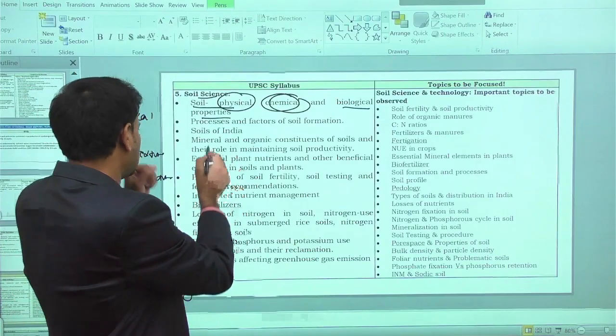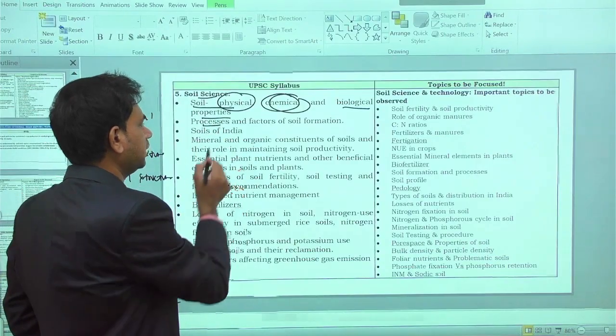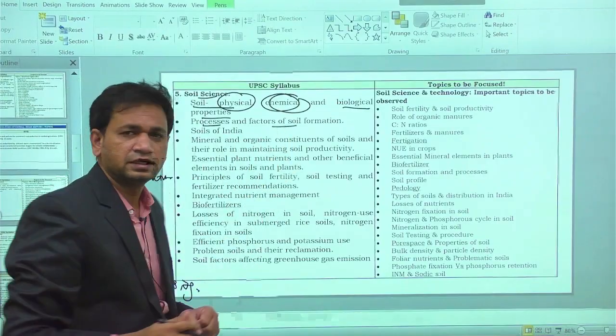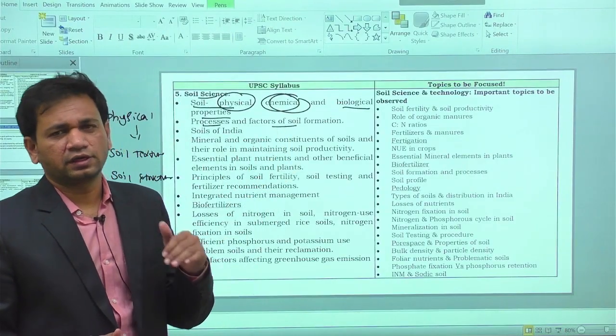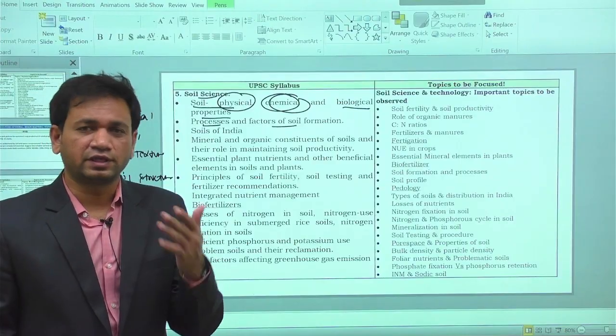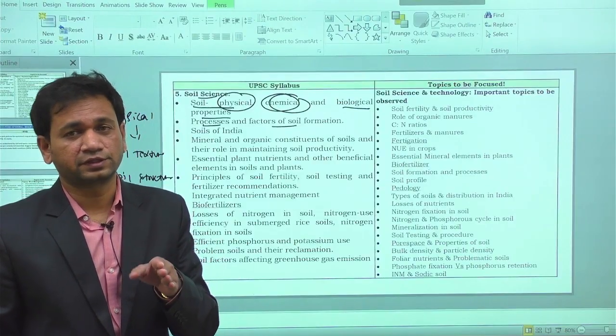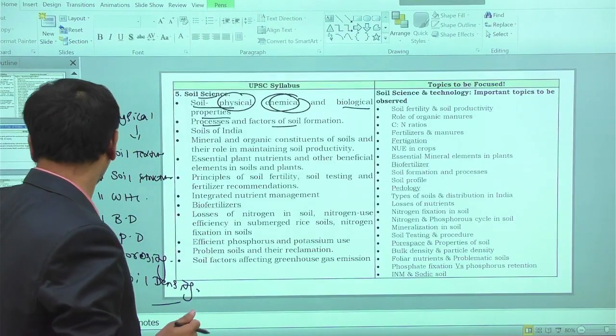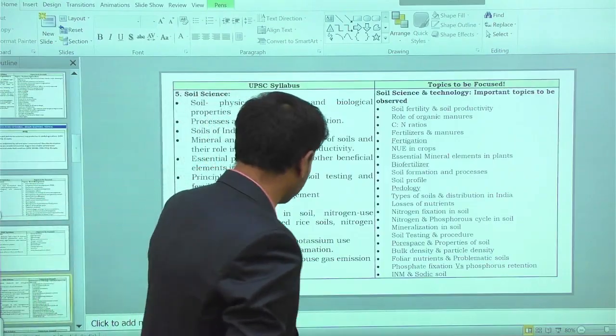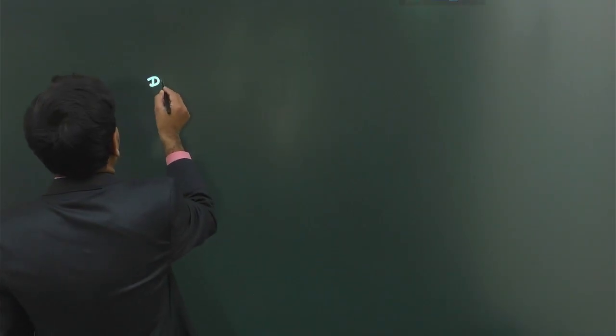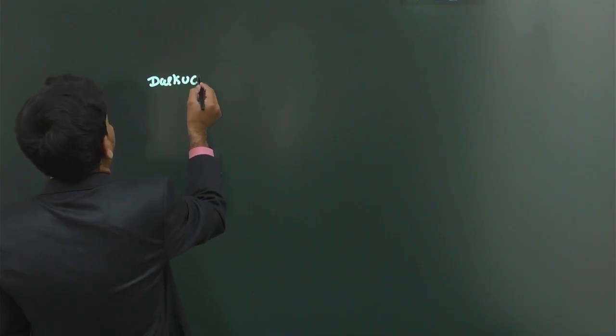And another topic we have is the process and factors of soil formation, right? There are different processes and different theories for the formation of soil particles. For example, in agriculture we have a person called Dokuchaev.